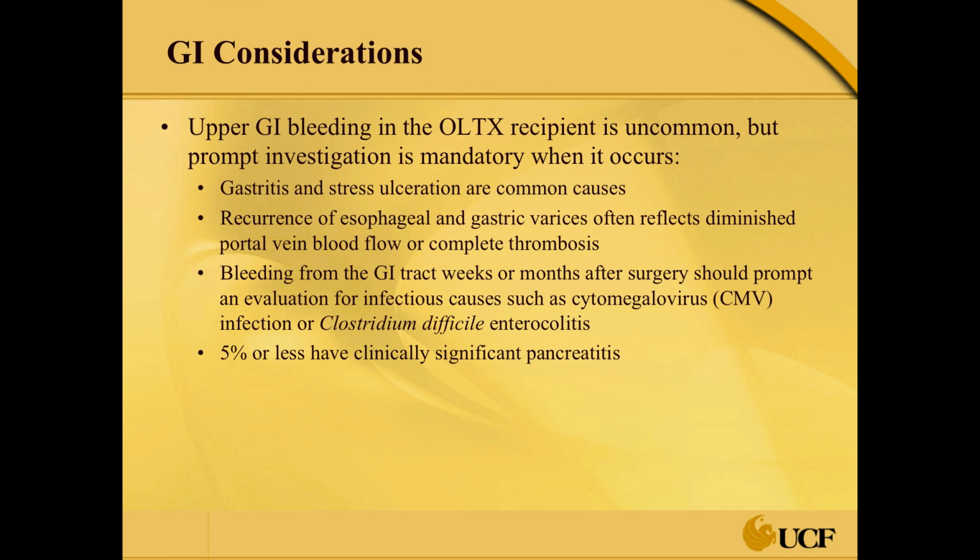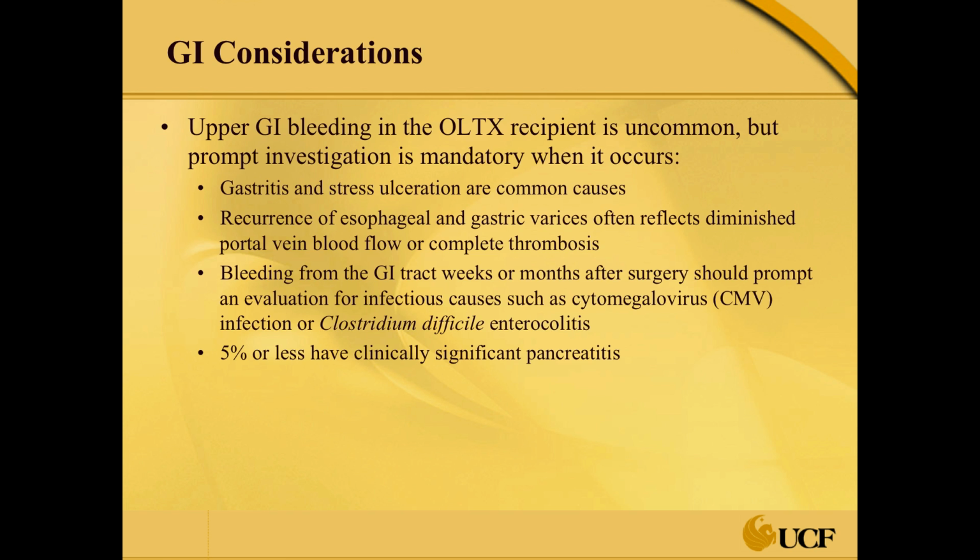Upper GI bleed in liver transplants is uncommon, but prompt investigation is mandatory when it occurs. Things that can often be the cause include gastritis or ulcer development. A recurrence of esophageal varices and obviously gastric varices can cause bleeding from the GI tract.